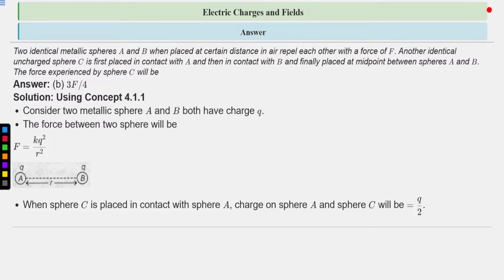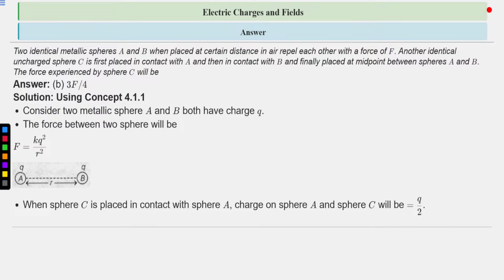Since it is uncharged and the other is charged with Q charge, half of the charge will get transferred. By which concept? The potential on both the spheres will become equal, and they are in contact, and they are identical and the radius of both the spheres is the same. So the charge should also be the same.